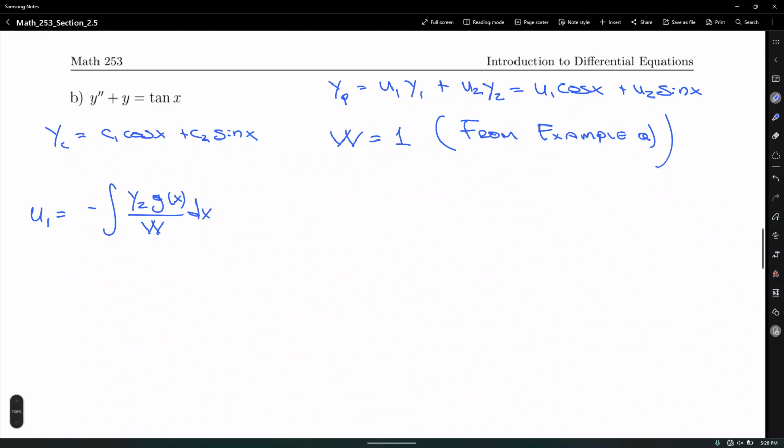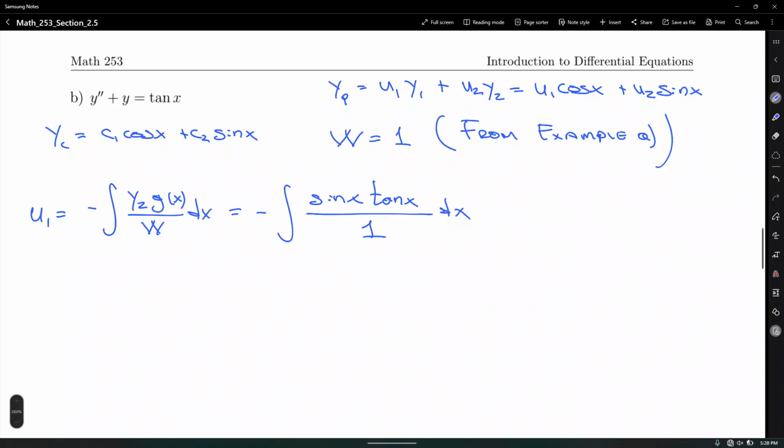If I happen to have a function of t instead, because maybe this differential equation is modeling a situation over time, make sure to change the x's to t's, all right? So this will be negative the integral of y sub 2, which is sine, g of x, which is tangent, over 1 dx. Any ideas how to evaluate this integral?